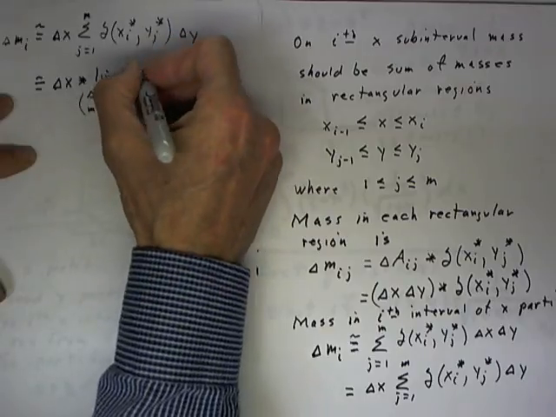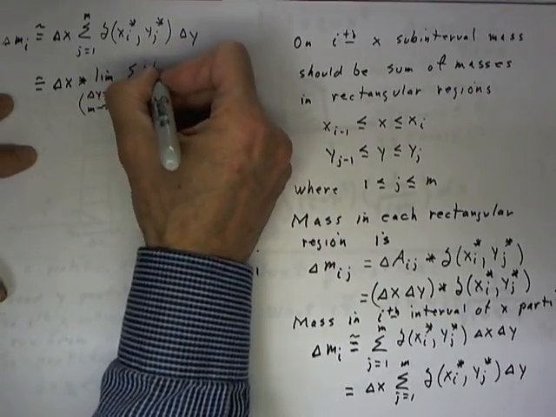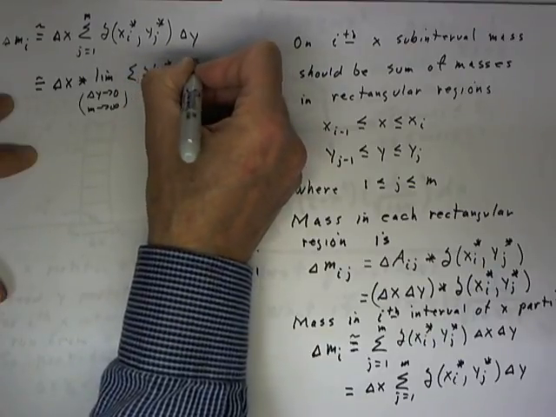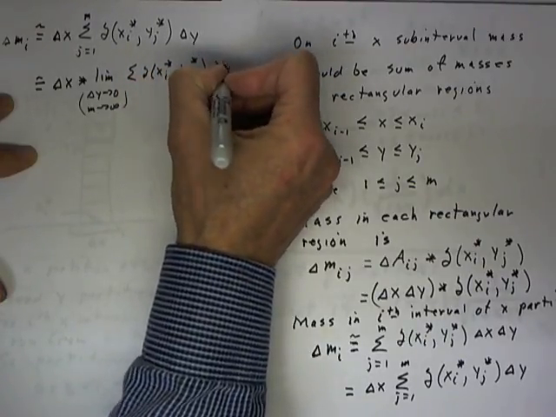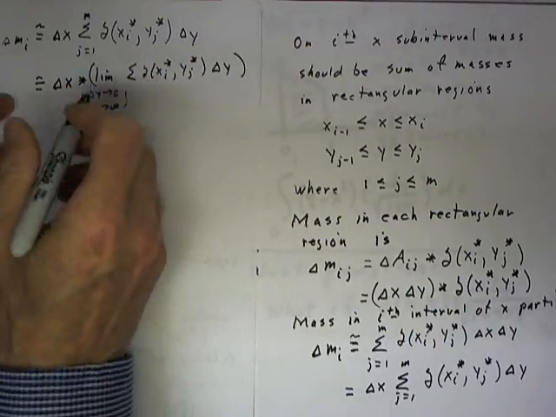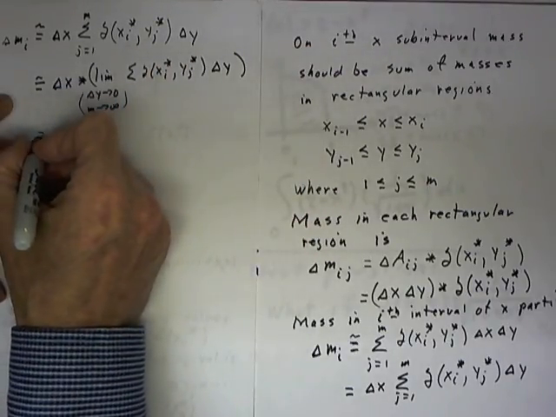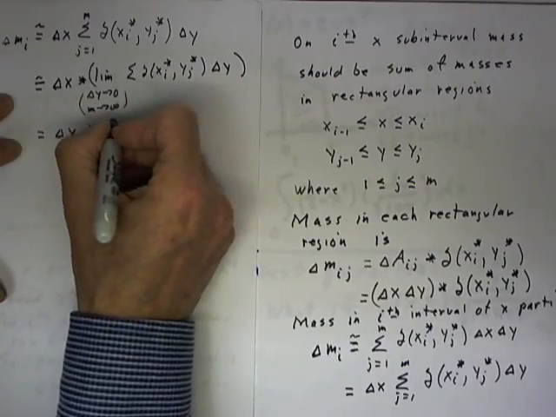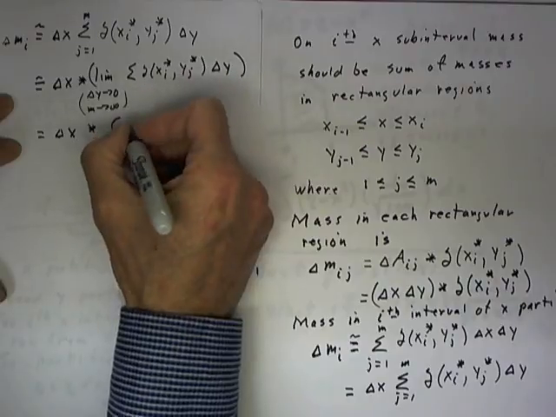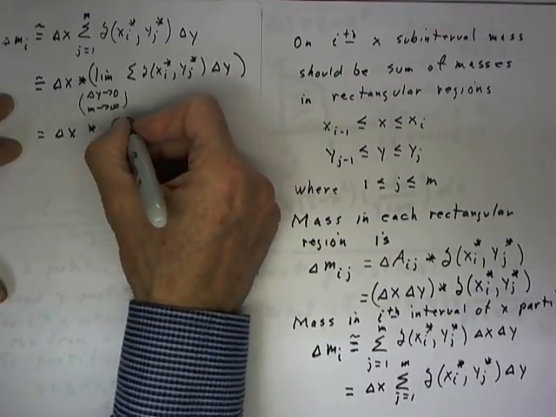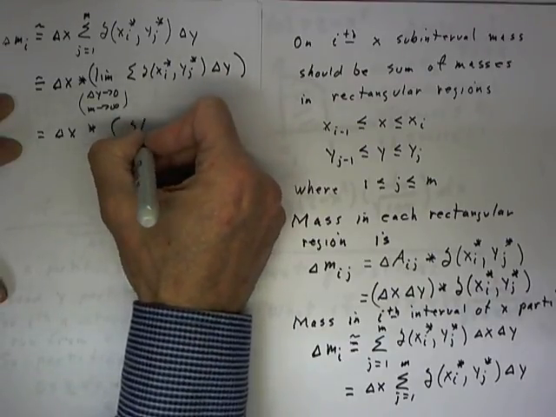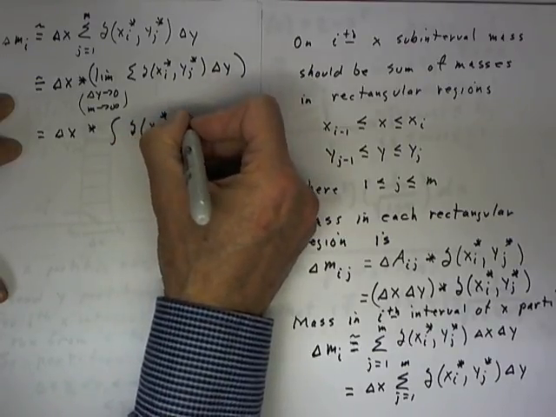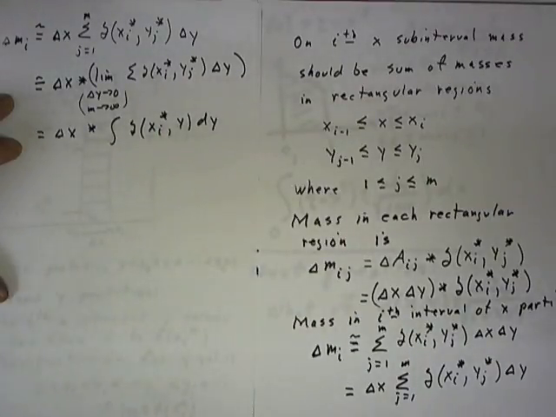The limit of this sum of density evaluated at x sub i star, y sub j star, delta y, well, this limit becomes an integral. The integral of our density function, evaluated at x sub i star, y, dy.